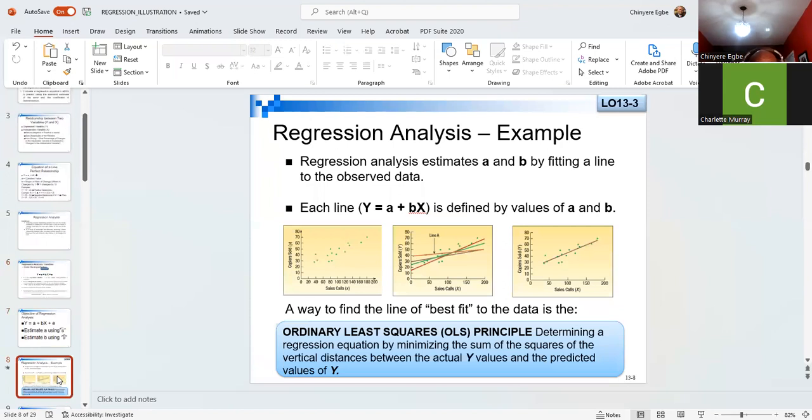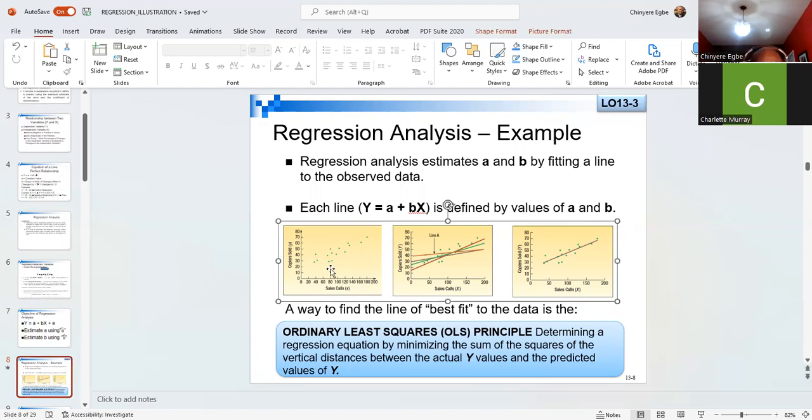Now, in order to begin your estimation process, it's always good to have an idea what the relationship is. So what we do then is to have a graph and we plot the relationships on a graph and have an idea.